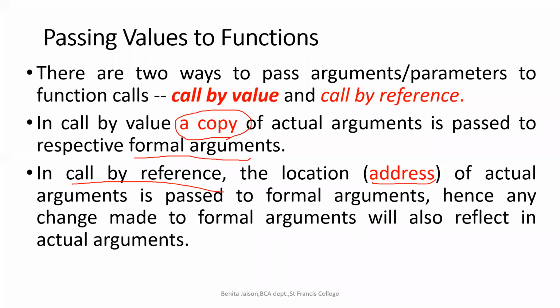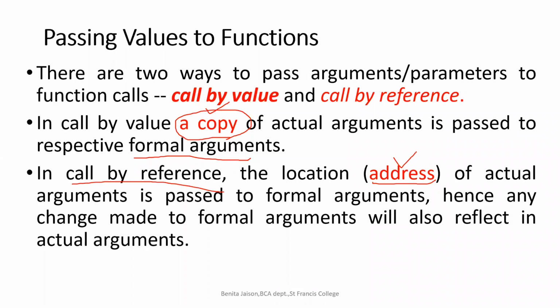In call by reference, this type of function call gives the address of the actual arguments. So this is the major difference. Here we give a copy of the actual arguments, while in call by reference, the address of the actual argument is passed to the formal arguments.